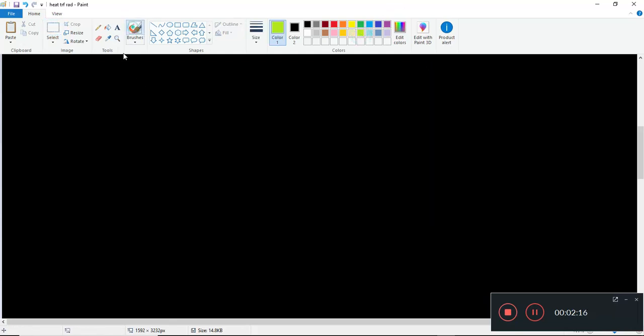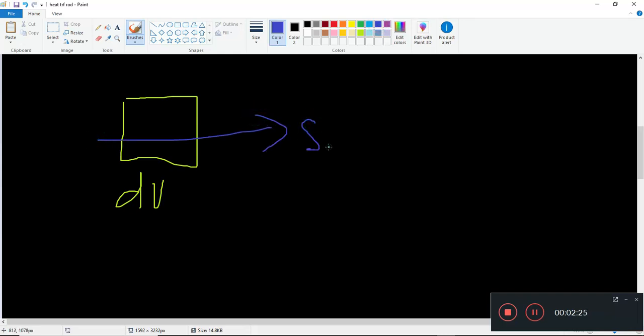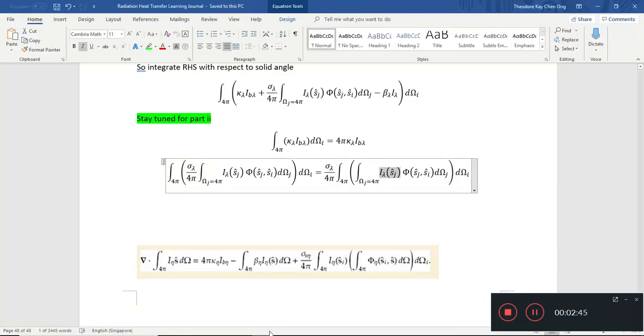Okay, so we have our control volume again, and this is what we call dV. We have two directions. One is called direction I, and direction J is whatever is the other directions that is not direction I. So these are the in-scattering from all other directions, and that's what direction J is about.